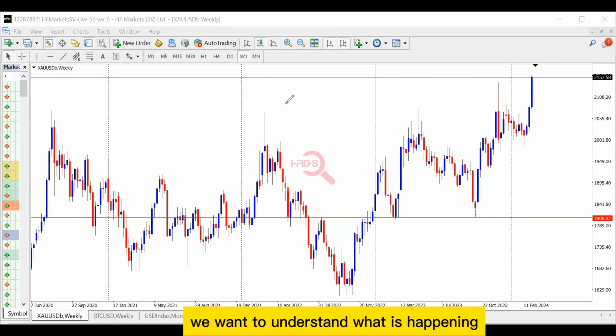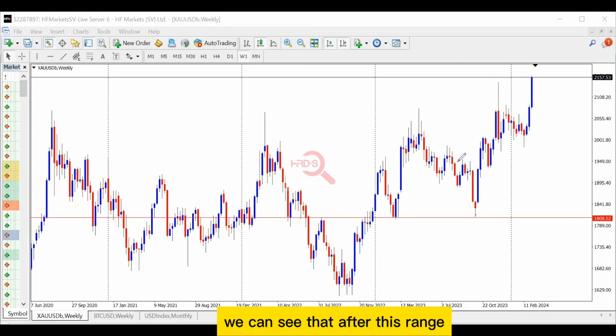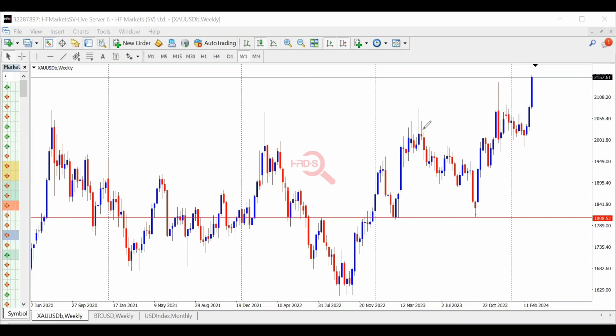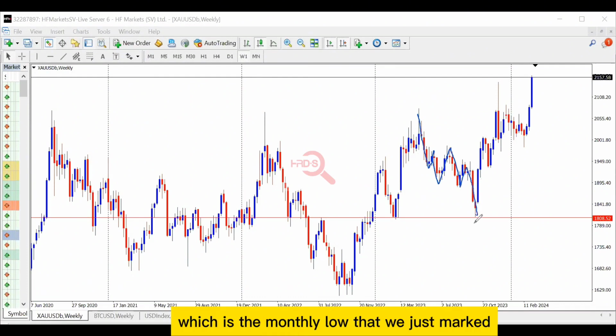We want to understand what is happening from the low of monthly up to the current market, right? We can see that after this range, within range trading, we had a series of lower low, lower high, lower low, lower high, and then lower low, which is the monthly low that we just marked.